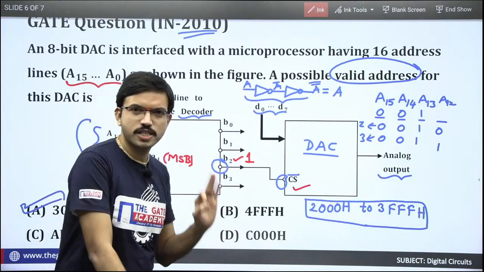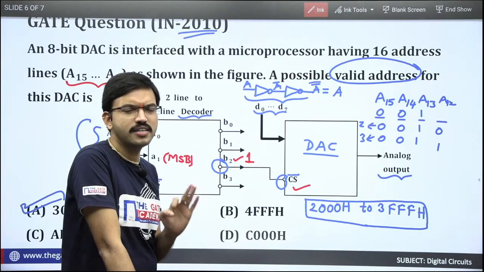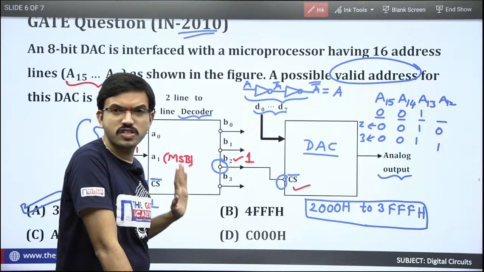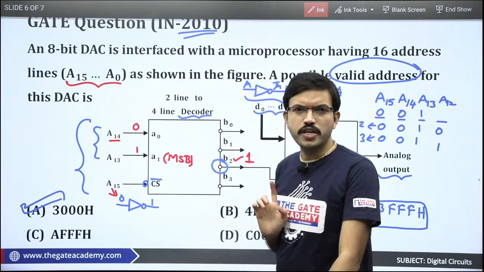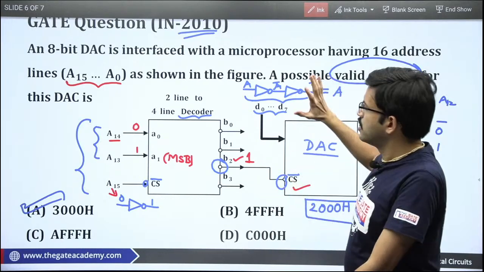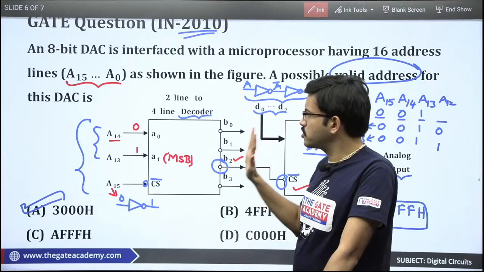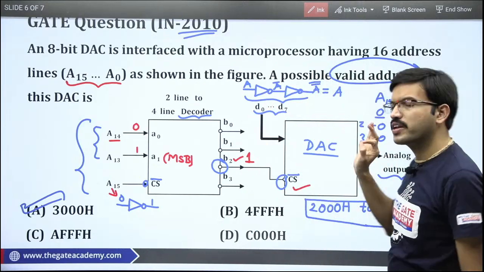You have to be very smart while attempting the GATE questions, because whenever you have an MCQ type of question, for each and every mistake you make, you get negative marking. So you have to be very careful. If you are good at concepts, definitely you will get the solutions correct.